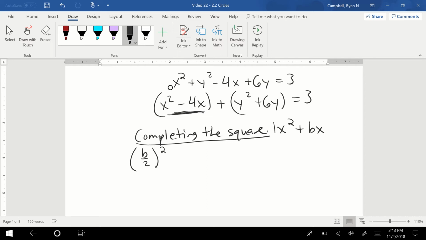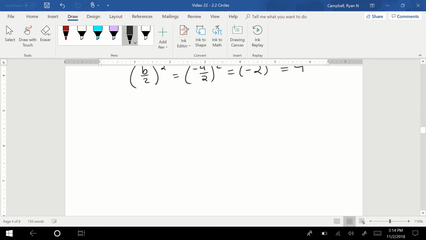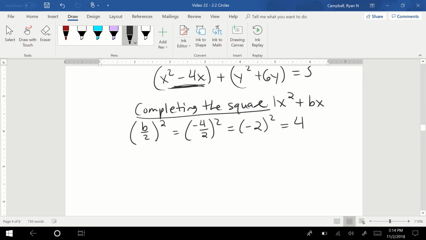So in this case, for the x's, what's b going to be? We see that's going to be negative 4 divided by 2 squared. So negative 4 divided by 2 is negative 2. Negative 2 squared is 4. So on the inside of this, we're going to do x squared minus 4x plus 4.